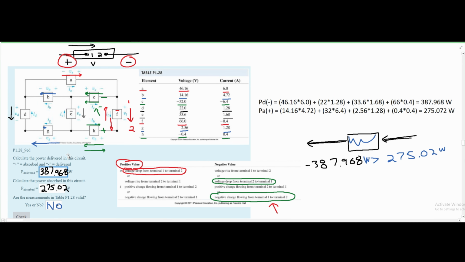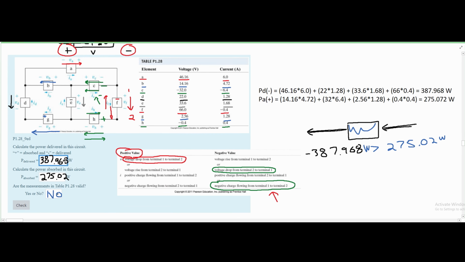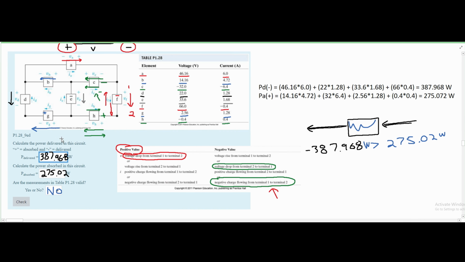I did make a super important error when I was writing out the delivery and absorption right here, and I actually corrected myself right here, and I didn't even realize it. But the delivery, as it states in the instruction right here, is denoted by a negative. So when we write this answer in here, it should have a negative. And the P absorption would be a positive, but we don't usually put a positive in front of a positive number.